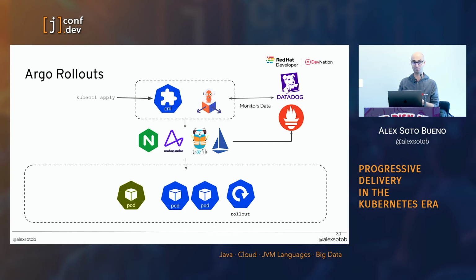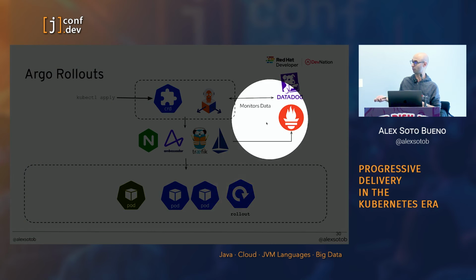So basically, as an operations person, you just do kubectl apply of one CRD, and it automatically does this progressive delivery. Argo Rollouts connects with Nginx or Ambassador or Traefik or Istio to update these files. So these files are updated automatically, and it has a new object called Rollout.